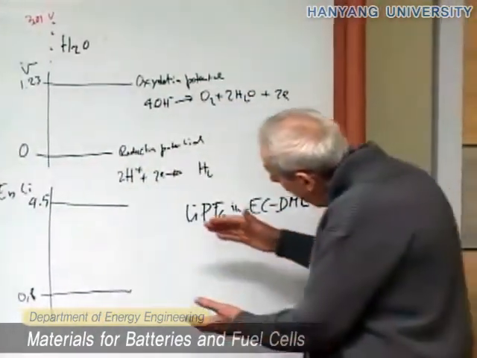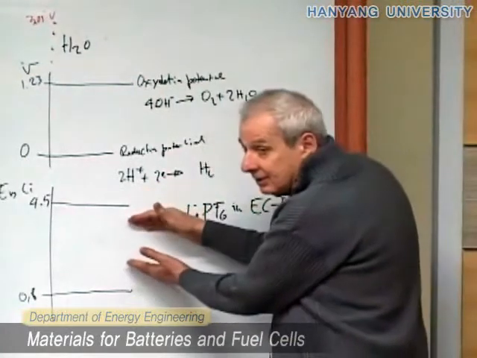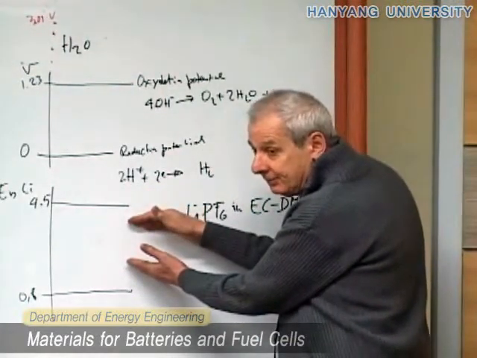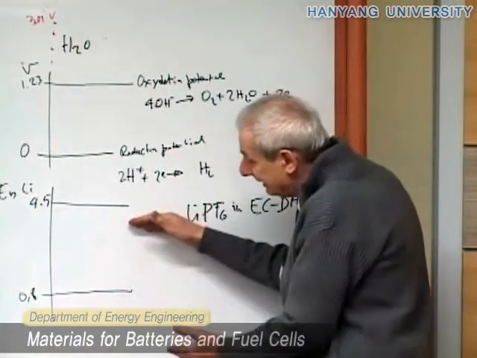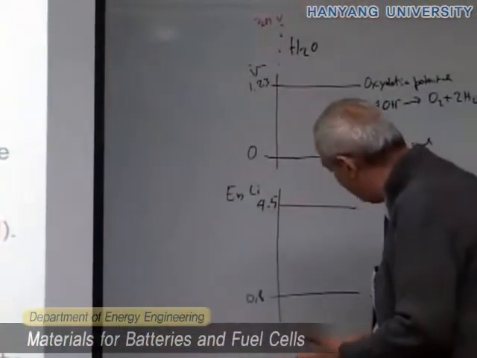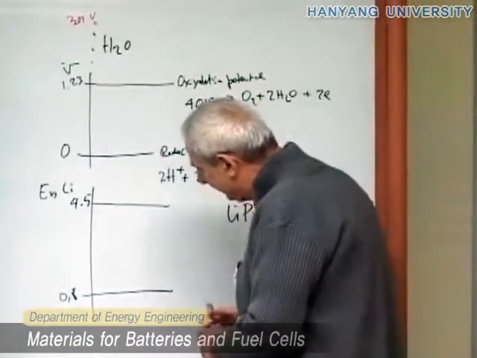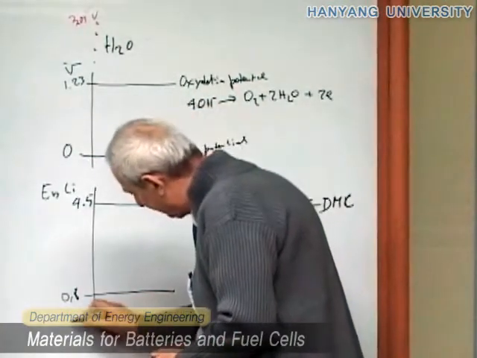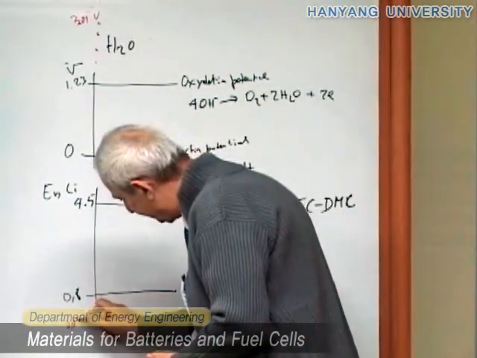So thermodynamically, only electrodes which are within this interval can be used. But graphite has a voltage, as we discussed before, down here at about 0.05.